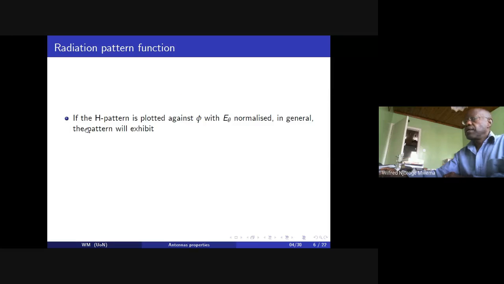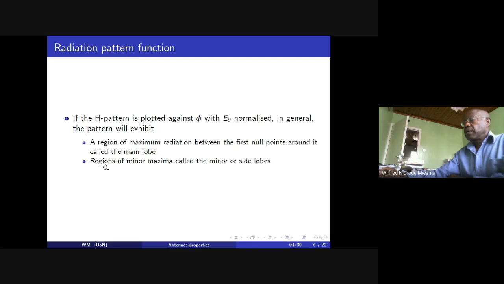So if the H pattern is plotted against phi with E theta normalized in general, the pattern will exhibit a region of maximum radiation between the first null points around it, and this will be called the main lobe.